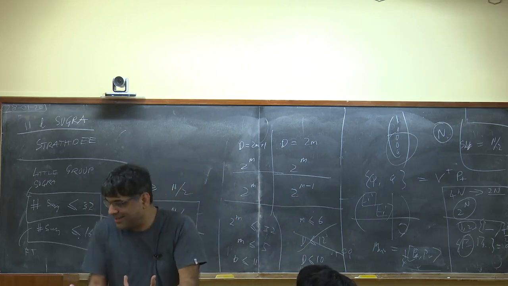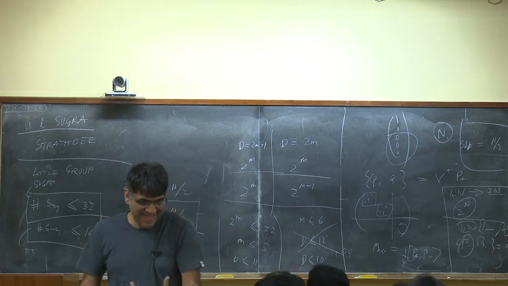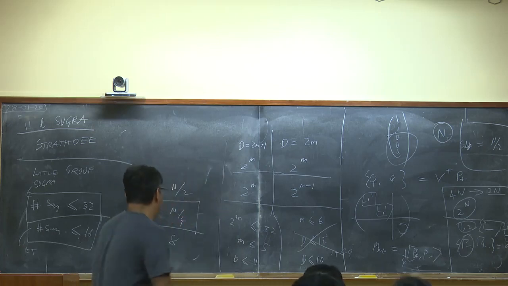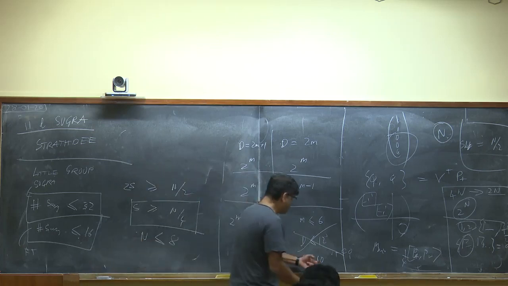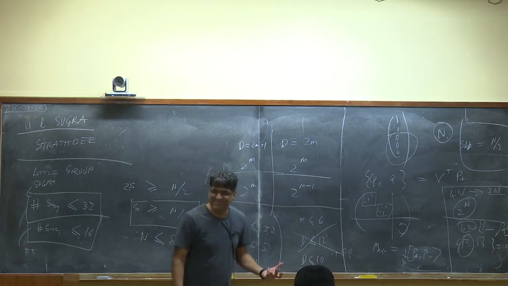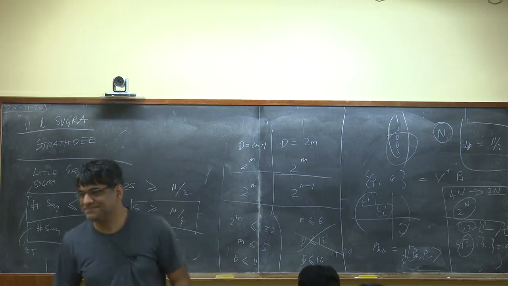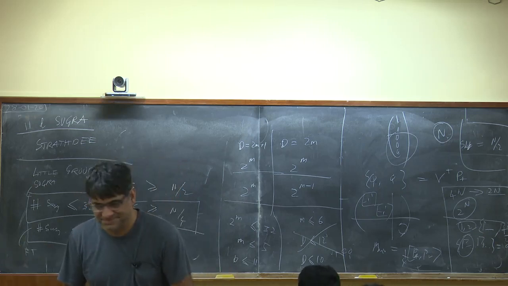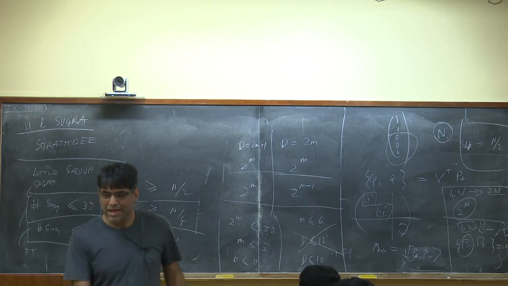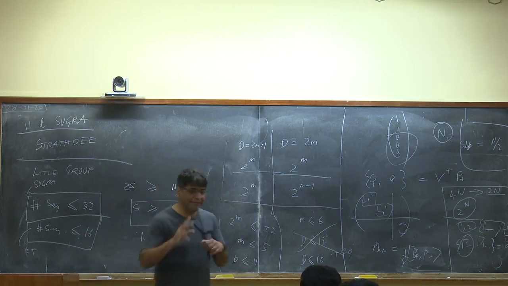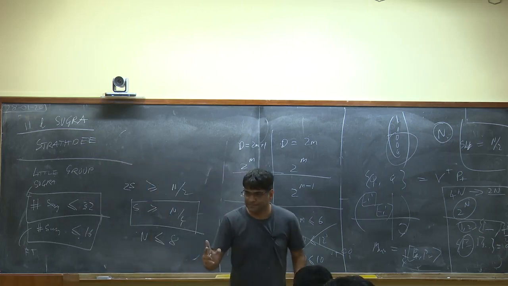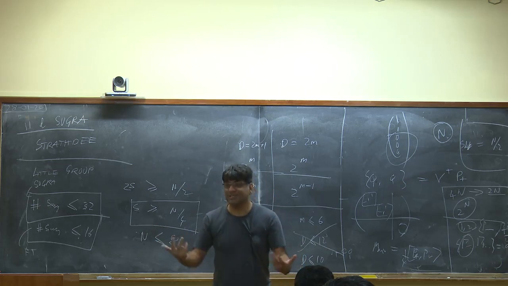You could have a theory where the supermultiplet had only 16 supercharges. Or you could have a theory where the supermultiplet had 32 supercharges. So you will see that the type 2 theories are theories which have 32 supercharges in 10 dimensions.